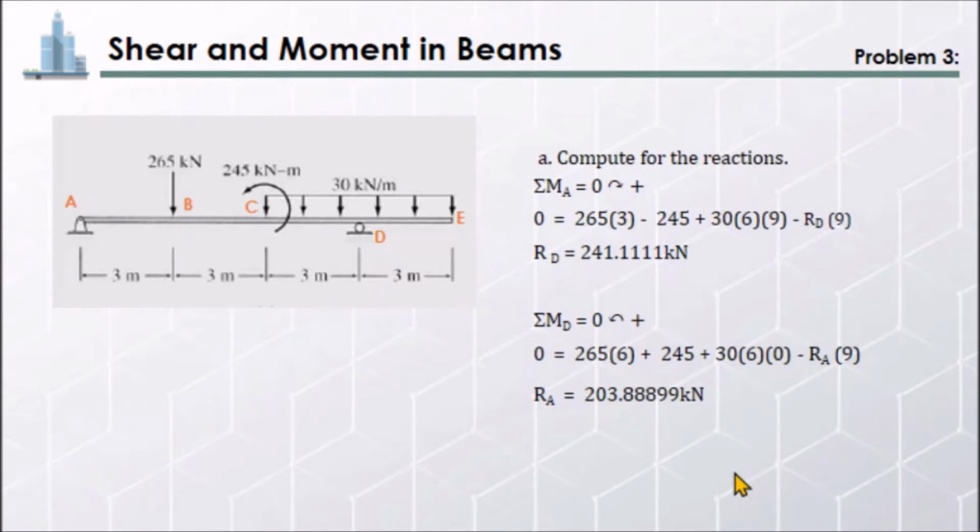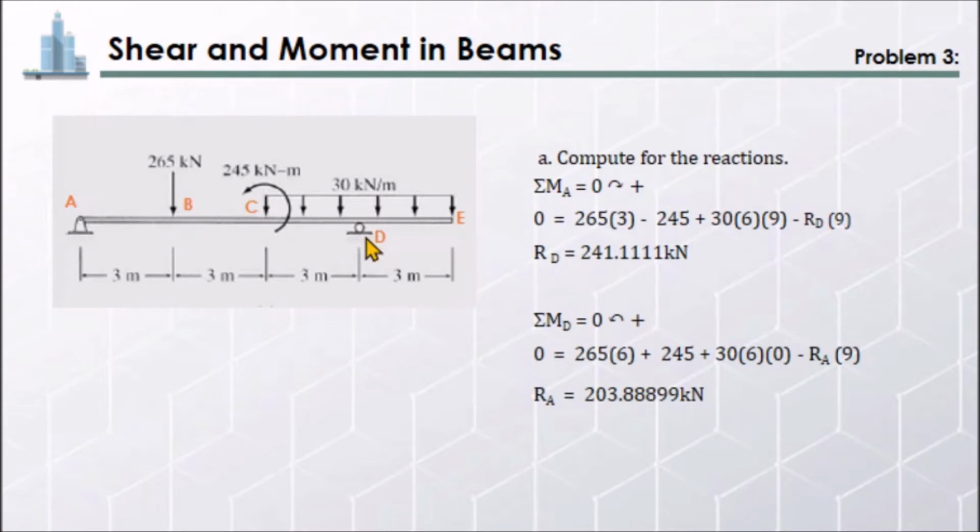So, next, taking summation moment at D is equal to 0, counterclockwise as positive. So, we have 0 is equal to 265 multiplied by its moment arm na 6, plus 245, plus 30 multiplied by its length na 6. And then, kung saan tayo nag-compute na reaction, doon nakapwesto concentrated load natin.